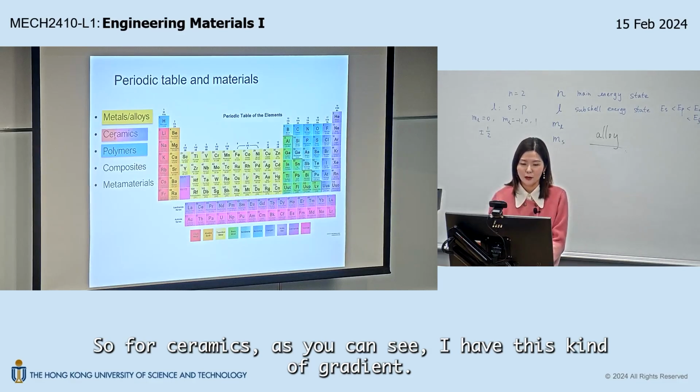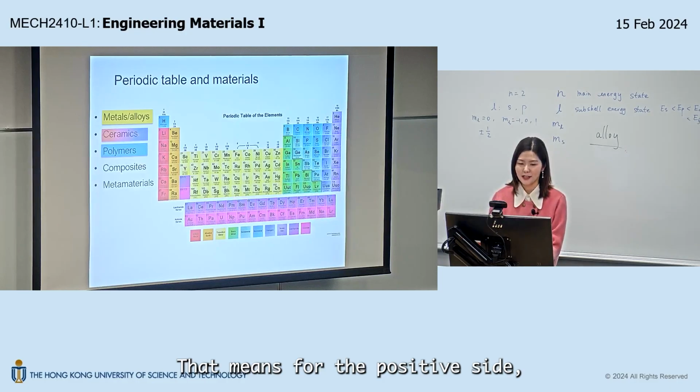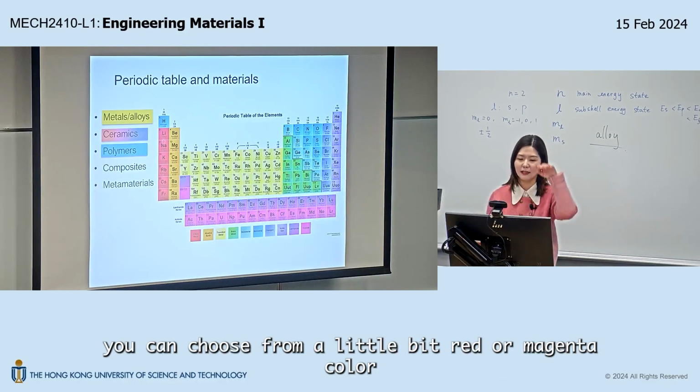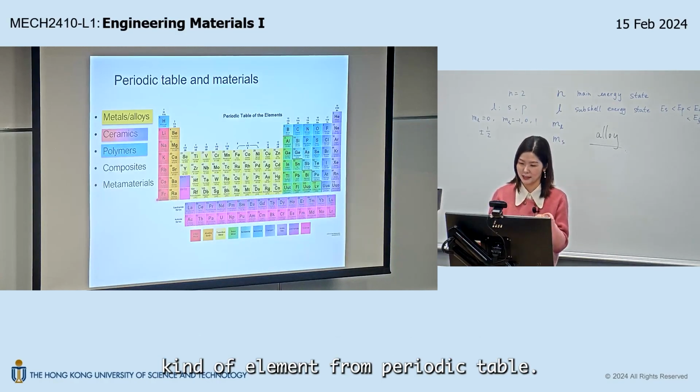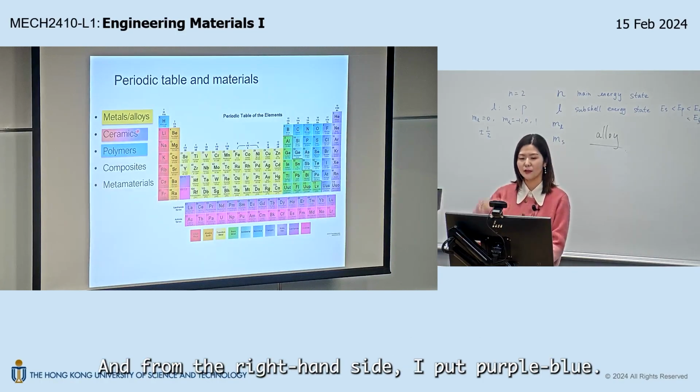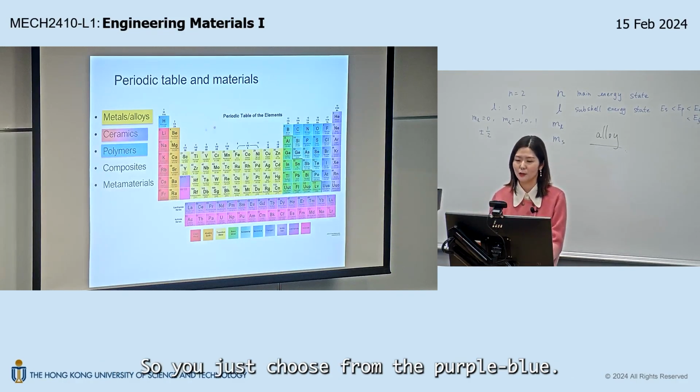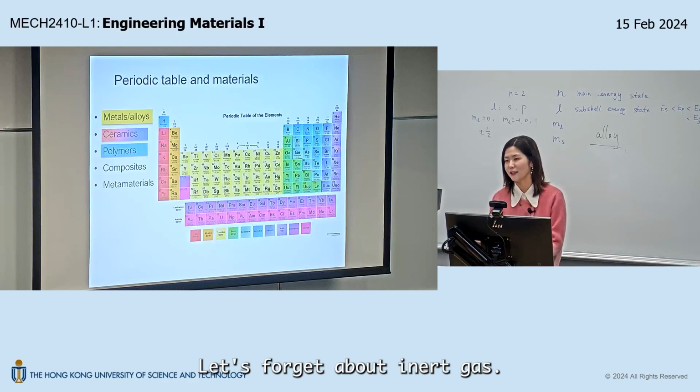So for ceramics, as you can see, I have this kind of gradient. That means for the positive side, you can choose from a little bit red or magenta color kind of element from the periodic table. And from the right-hand side, I put purple blue. So you just choose from the purple blue, okay? Let's forget about inert gas.